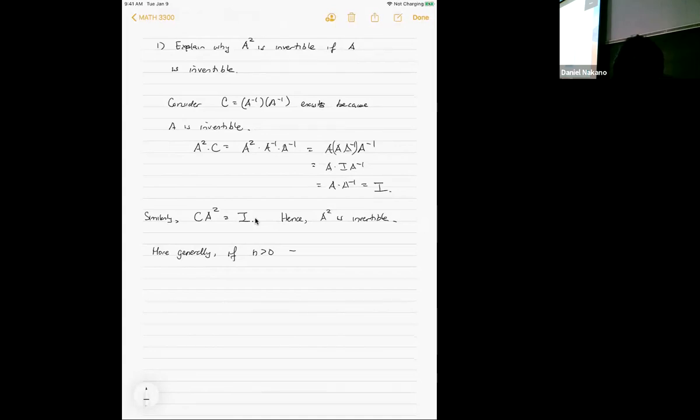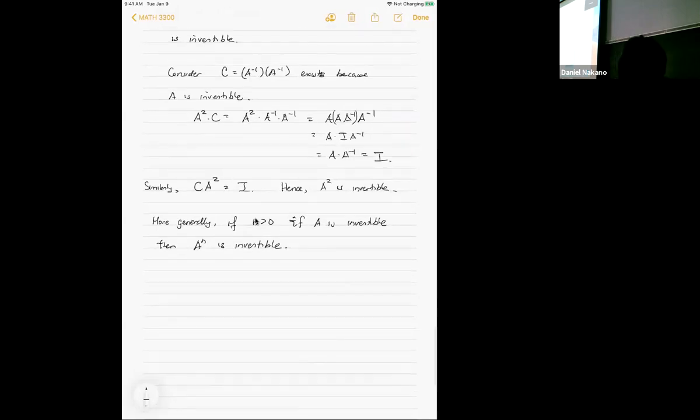So if A is invertible, then A to the n is invertible too. Okay, so like A to the 100th is invertible also. A to the 101st power is also invertible. And you just use the same argument. You can construct the inverse by taking the inverse of A and then multiplying it out n times.